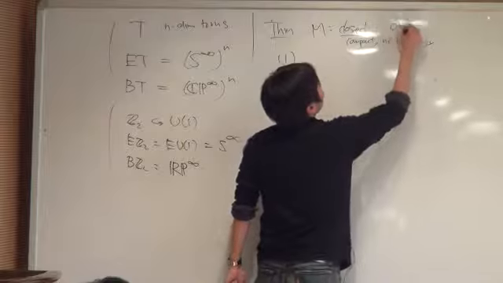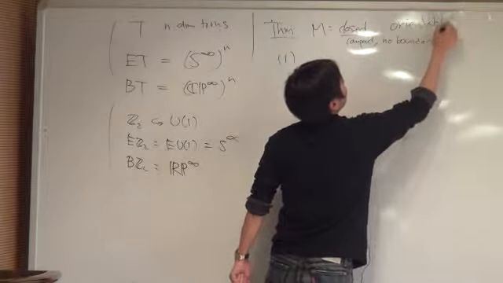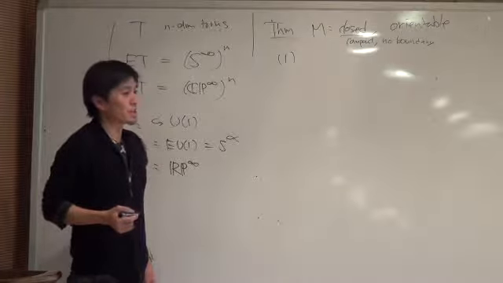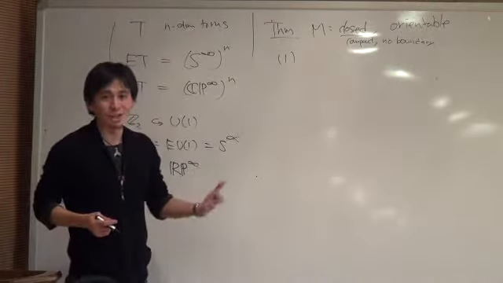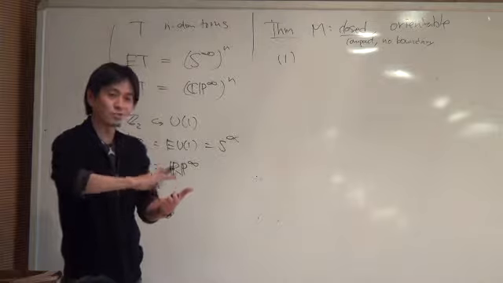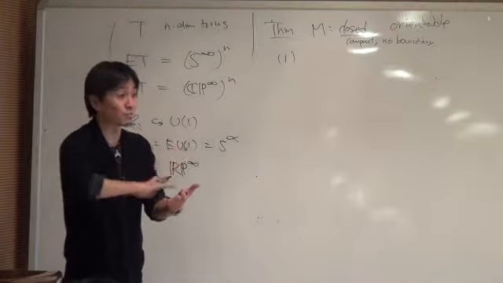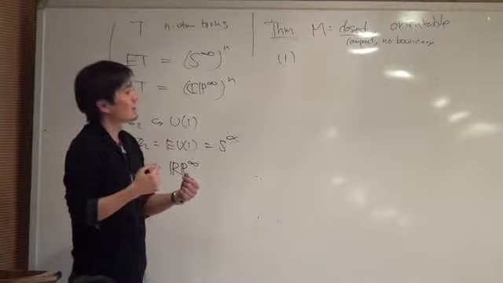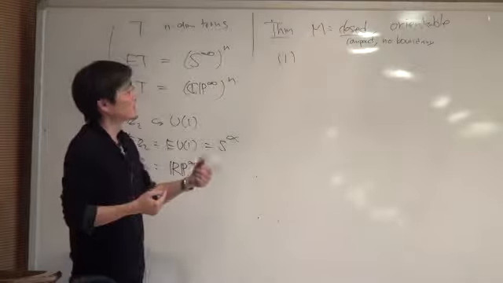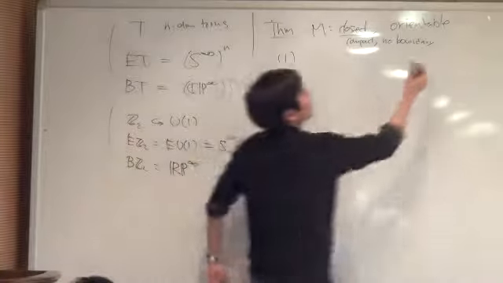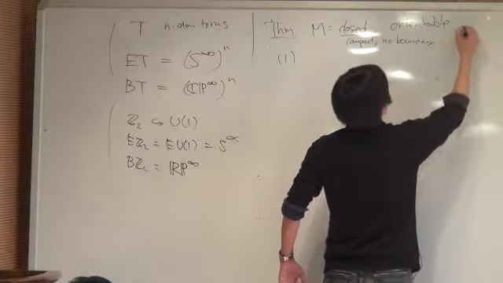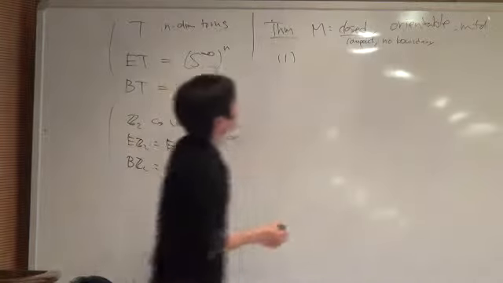And orientable. A symplectic manifold is, a priori, oriented, because the symplectic form gives you a volume form, and a volume form is a nowhere zero section of the orientation bundle. So it's naturally oriented. And manifold. I think that's enough for this.